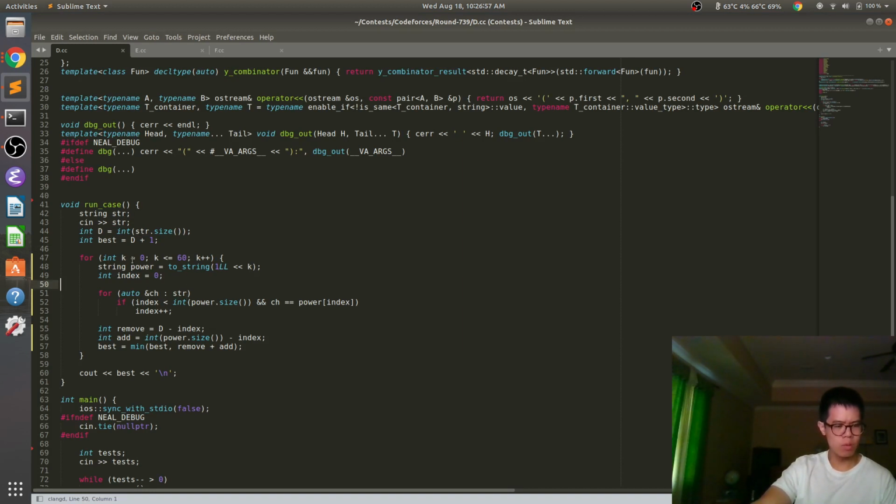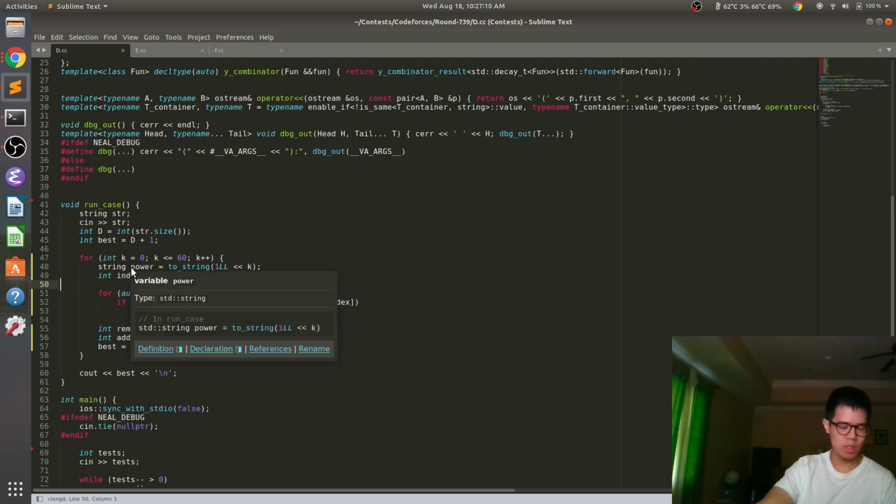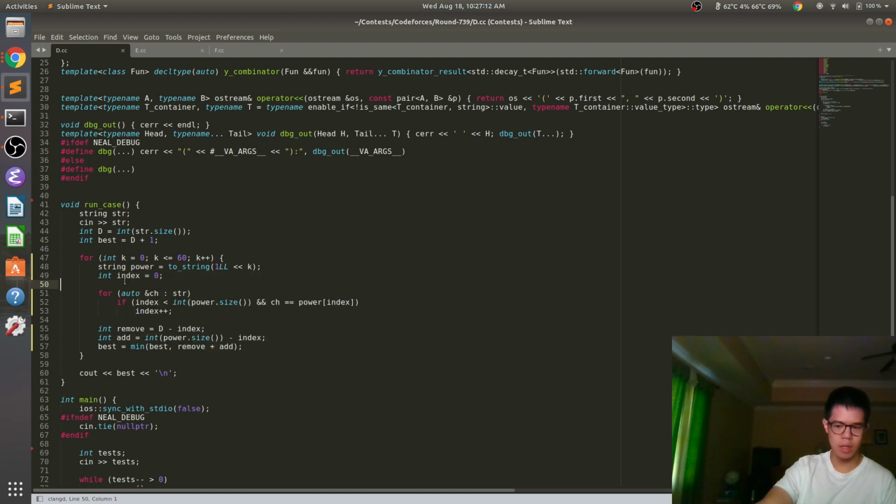We're going to iterate every power of 2 from 2 to the 0 to 2 to the 60. Once we have that power of 2, we can just greedy our way through the string. When we match the next digit in the power of 2, we just keep it.